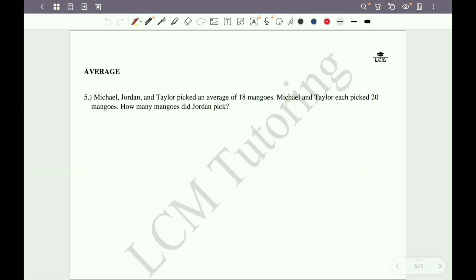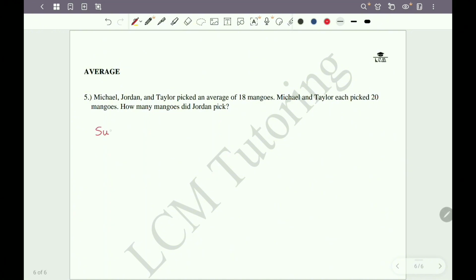Okay, question 5 says, Michael, Jordan, and Taylor picked an average of 18 mangoes. Michael and Taylor each picked 20 mangoes. So how many mangoes did Jordan pick? Again, we can go ahead and find the total of Michael, Jordan, and Taylor. In this case, we have 3 people and their average is 18.